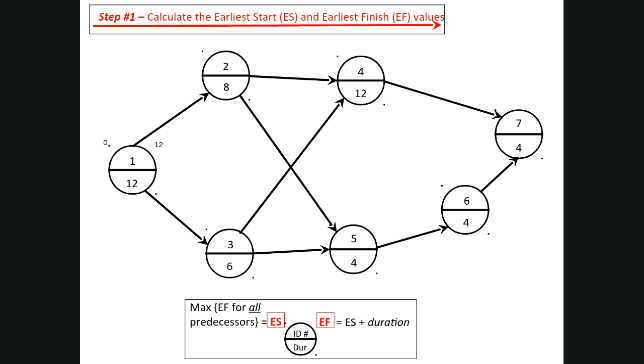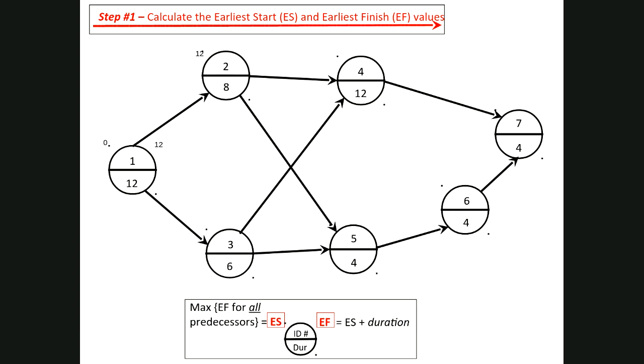Now we ask ourselves the question, all right, when is the earliest time that task 2 can start? Well, because of the precedence relationship, we know that it can't start until task 1 is finished, and that occurs at time 12. We cannot start until 12. And if it starts at 12, when will it finish?